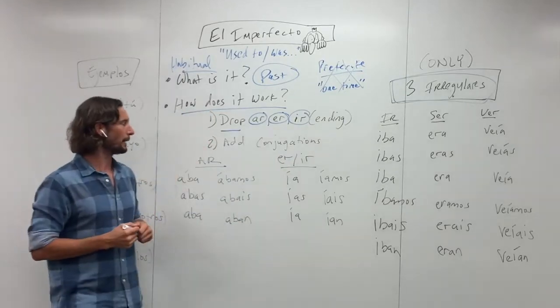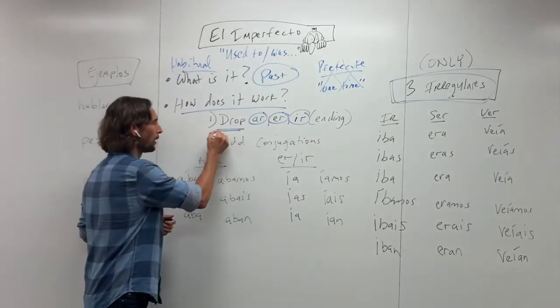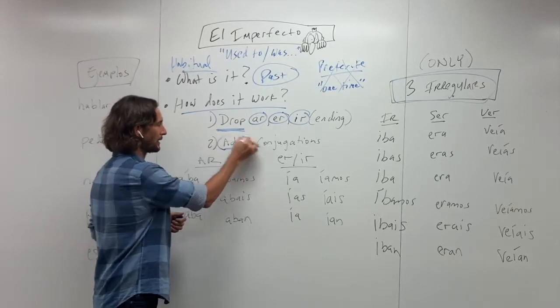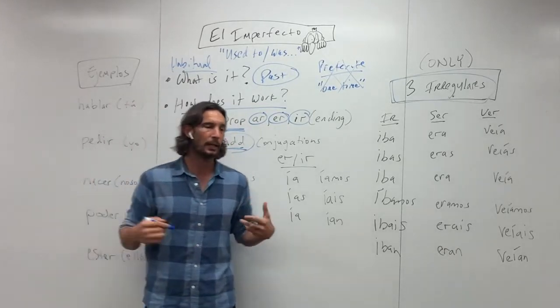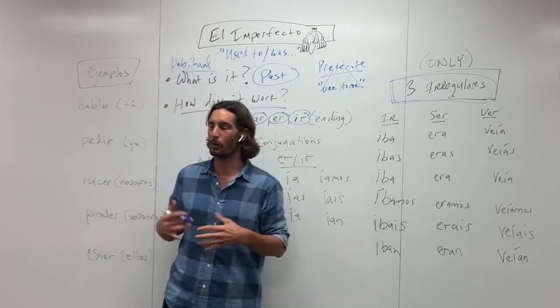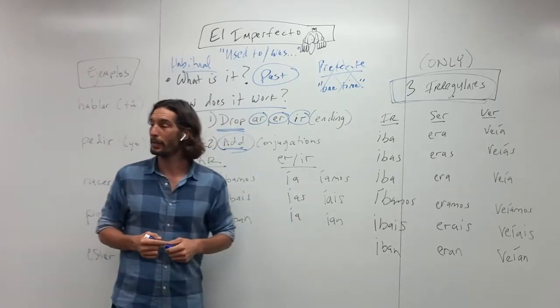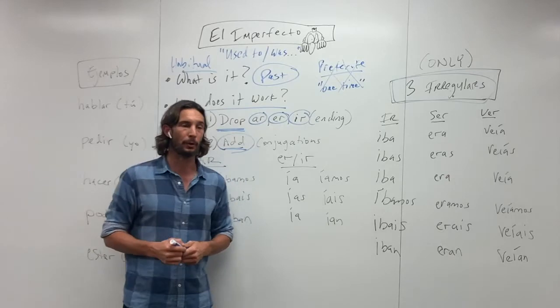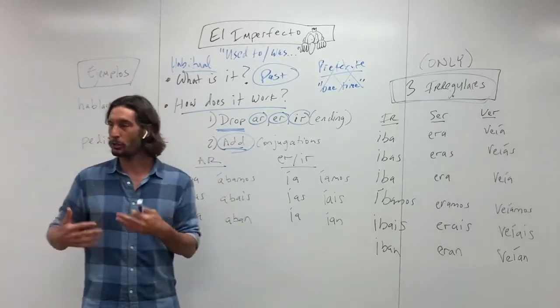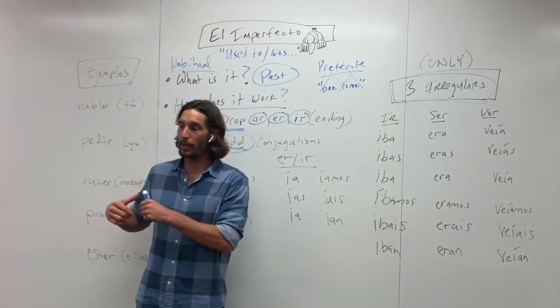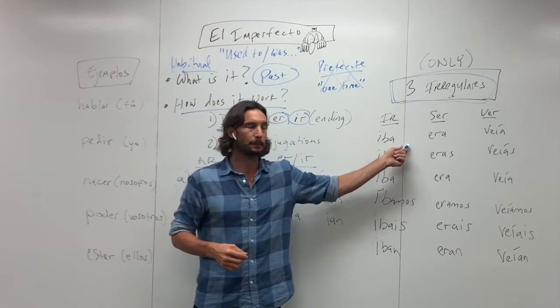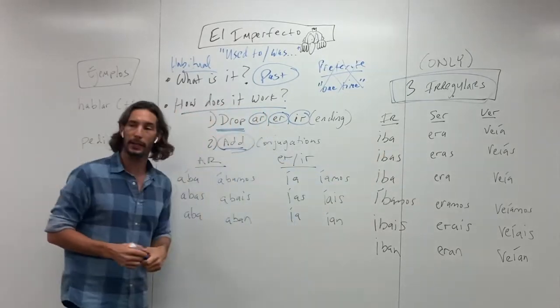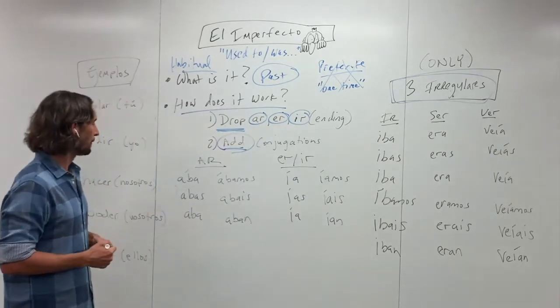Once you do that, you then add the appropriate endings to agree with the subject. I'm not going to deviate from that with the imperfect. Again, just to reiterate, it will do that for all verbs except for these irregulars. So it's pretty nice, pretty helpful. And so here we go.